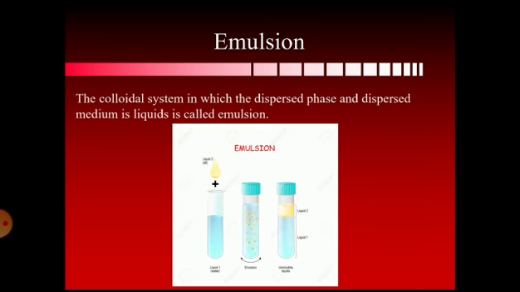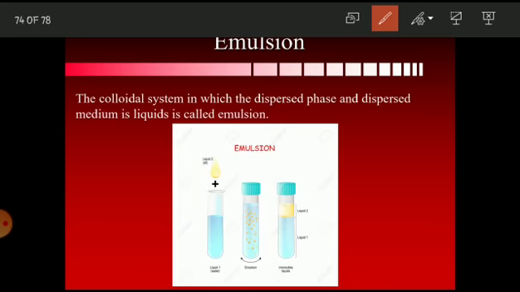Next one, emulsion. You know that very well, right? Emulsion is a type of colloidal system where the dispersed phase and the dispersion medium are both liquids. So you can see here in one test tube I have water.